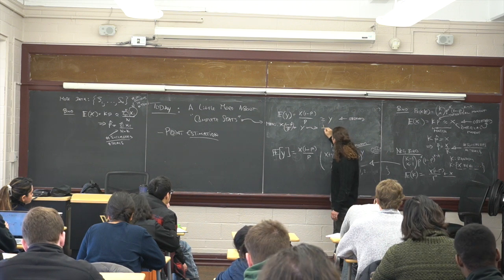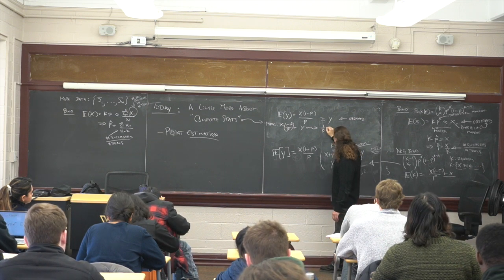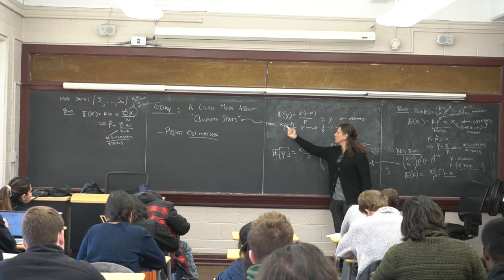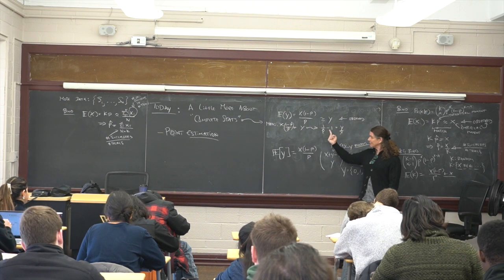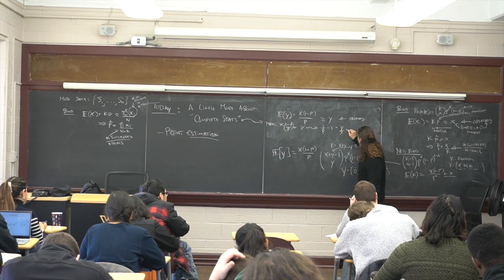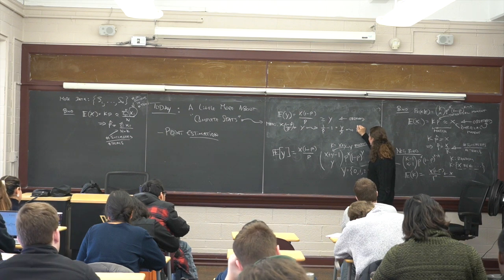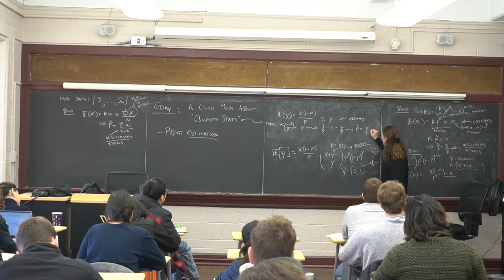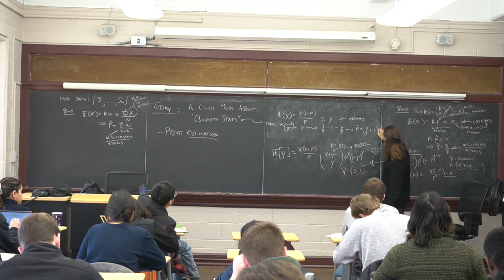So that's going to be 1 over p hat minus 1 is equal to y over x. So all I've done is bring the x over here. And then I wrote that fraction in a slightly different form. So that means that p hat is equal to y over x plus 1 inverted.